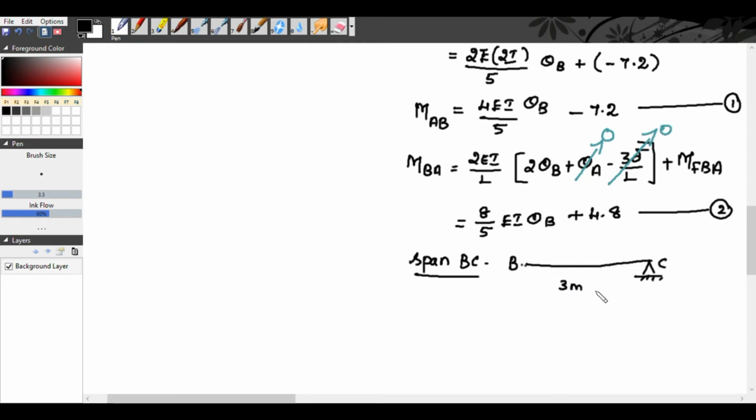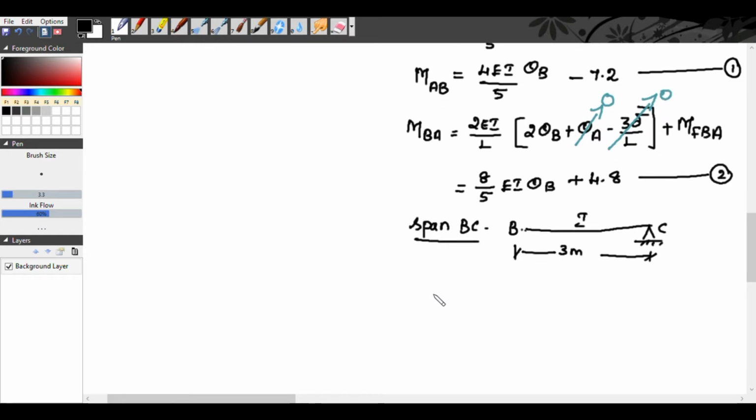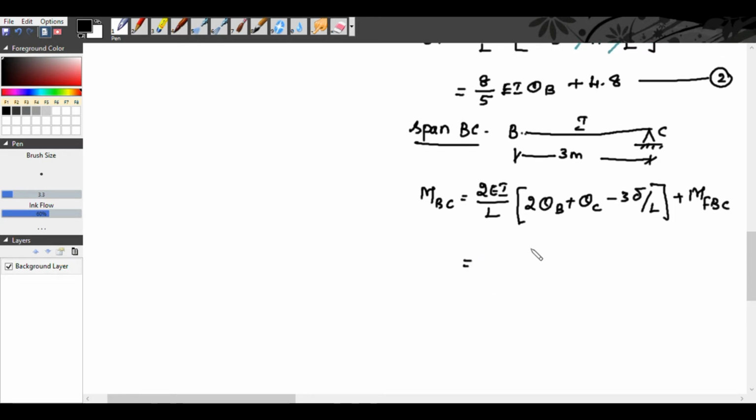Total span length is 3 meter, and here I is given as I. So, for the span BC, MBC is equal to 2EI by L into 2 theta B plus theta C minus 3 delta by L plus MFBC. So, we get here only delta is equal to 0. There is no settlement, so this is equal to 0.